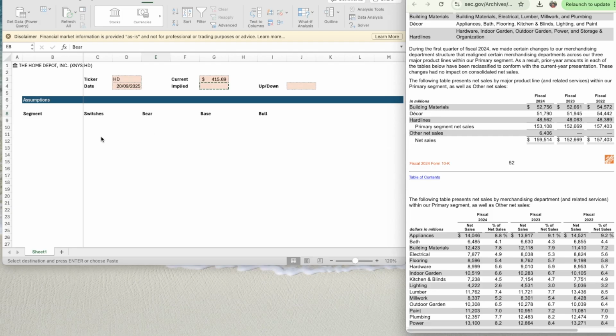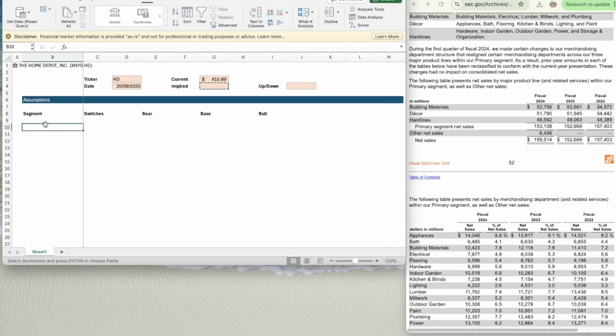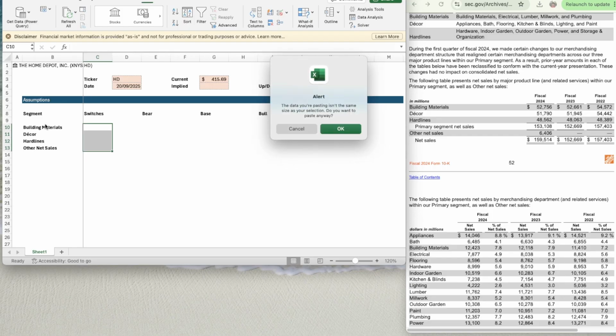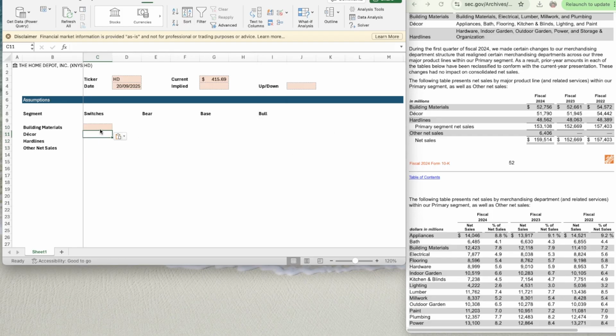But when the full year results come out, I'd highly recommend going in and breaking it down into those more detailed segments. Building materials, decor, hard lines, other net sales. And if this is your first time, all of this will come clear as we start building why we need these.